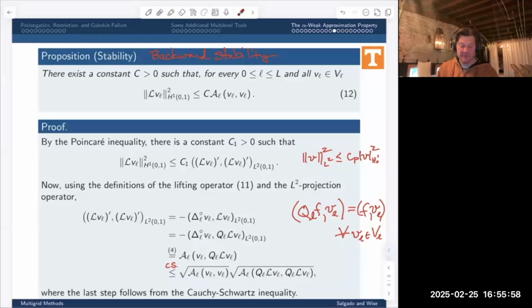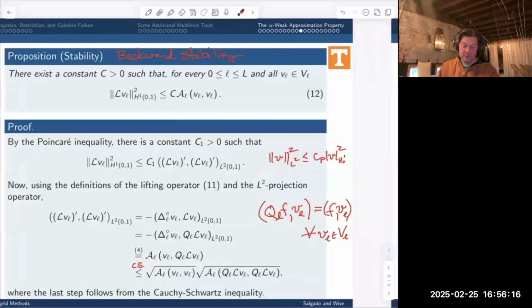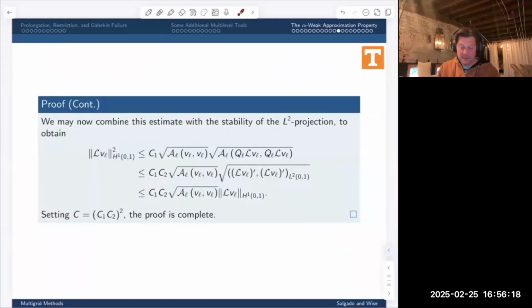All right, let's see if we can make further progress. We're trying to get this. Well, looks like we have half of it there, and this object here is exactly that object. So if we could say something about this, then we're going to be done.